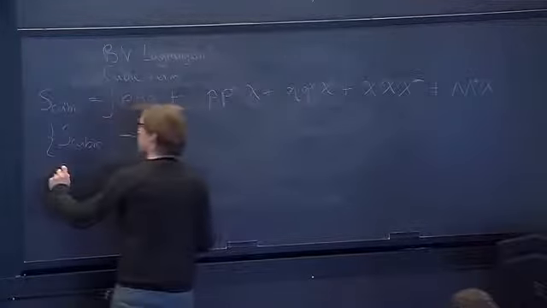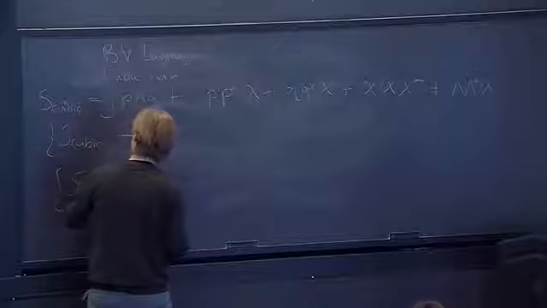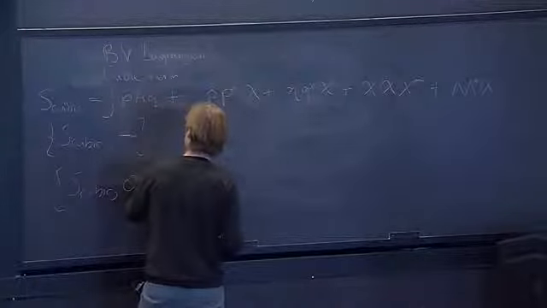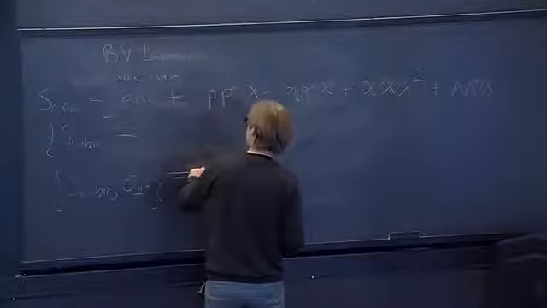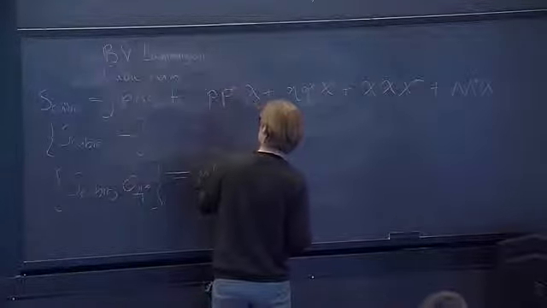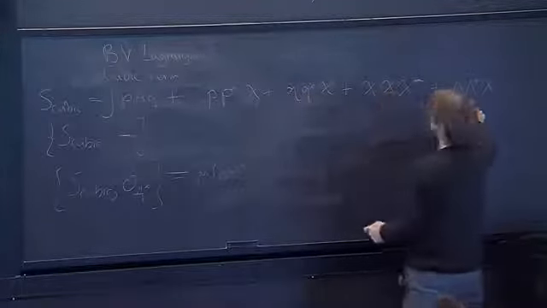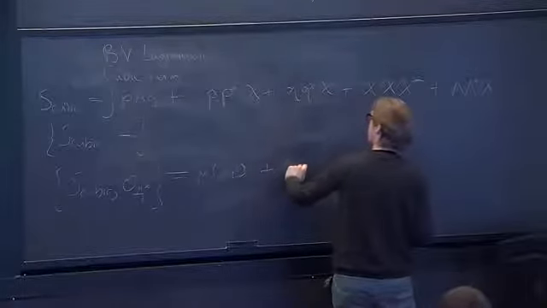So, for example, S cubic with A star, I'm going to pick up the moment map, because this term here is the moment map, plus a term which isn't going to matter.